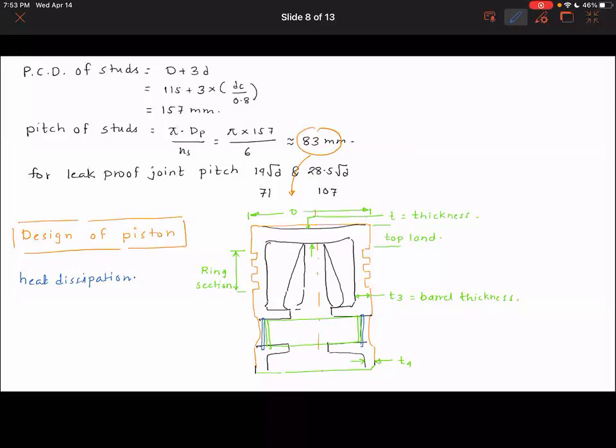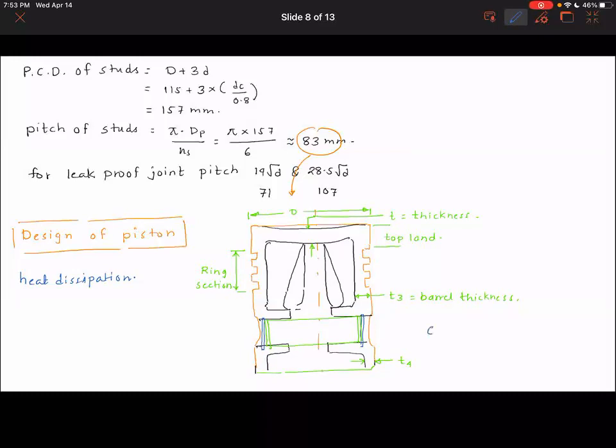So for different types of material, you have to make sure that the surface temperature of the piston is well within the specs so that the piston material does not plastically deform.